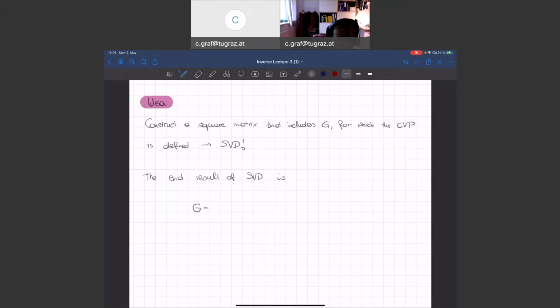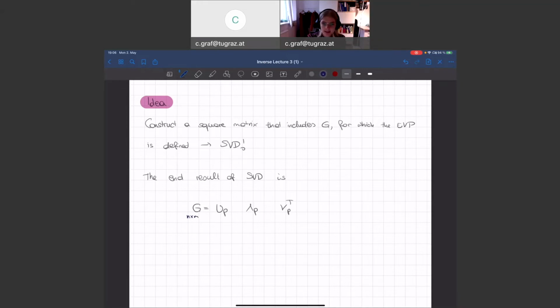T, so the matrix we want to invert, being equal to UP times lambda P times VP transposed. We should discuss dimensions of those matrices inside. T is, as I said, an n by m matrix.